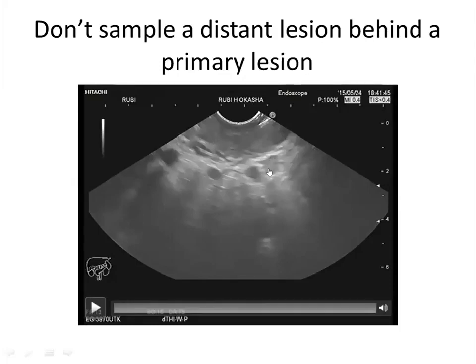Don't sample this lymph node because you would have to traverse the malignant looking wall. If this lymph node is benign, while you are passing through a malignant lesion, you can translocate some of the malignant cells to the lymph node, so increasing the staging of these patients from N0 to N1.